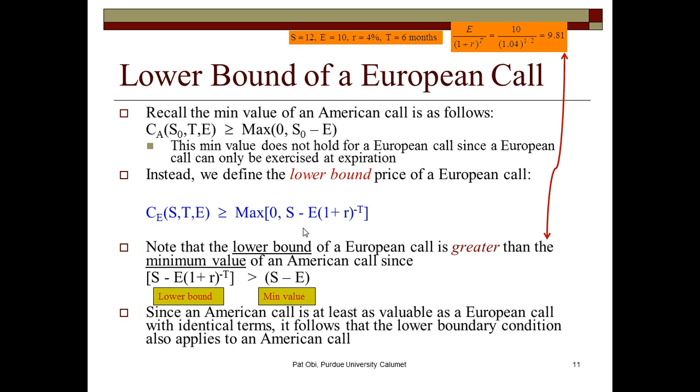So since an American option gives you everything a European option gives you and then some, why would it have a value that is less than the lower boundary value of a European option? In our example, 2 versus the lower bound value of 2.19. It cannot, and therefore we indicate that since an American call is at least as valuable as a European call with identical terms, it follows that the lower boundary condition also applies to an American call. And that's where we park our car.